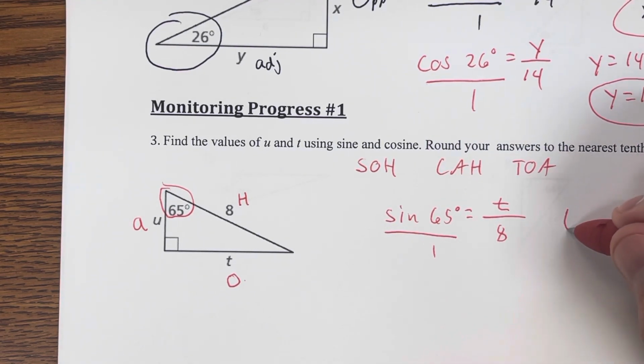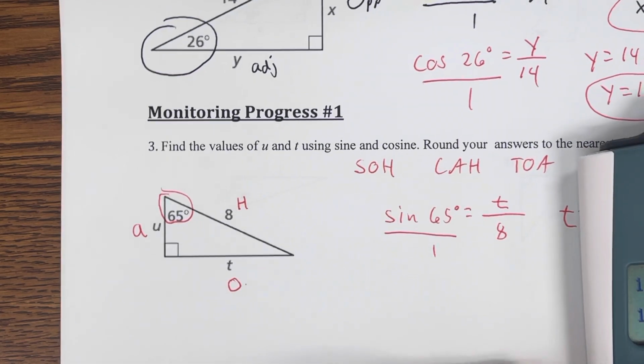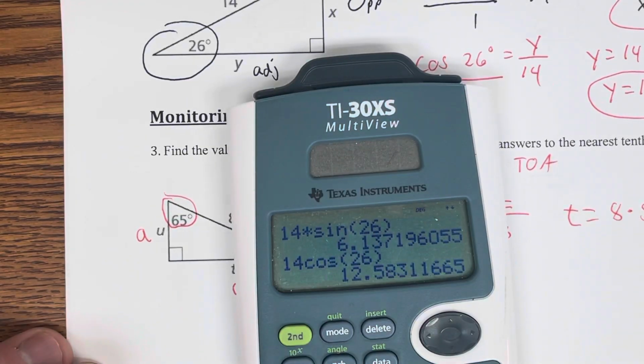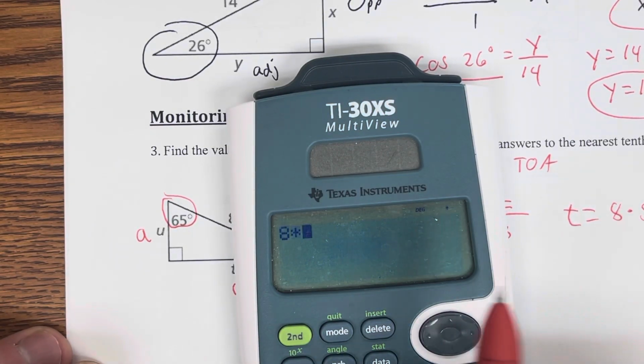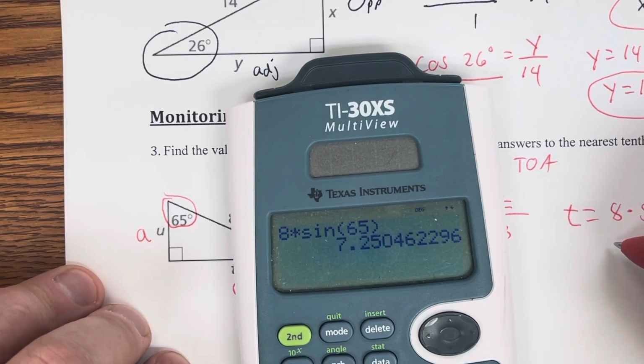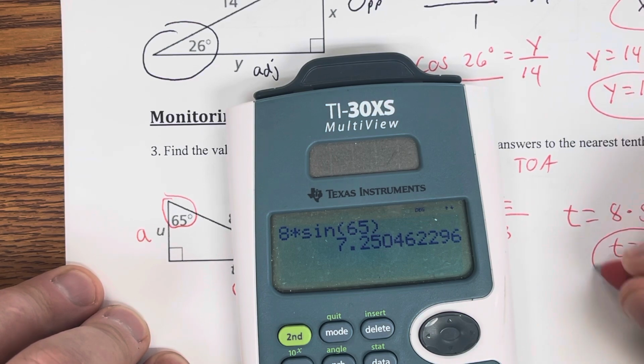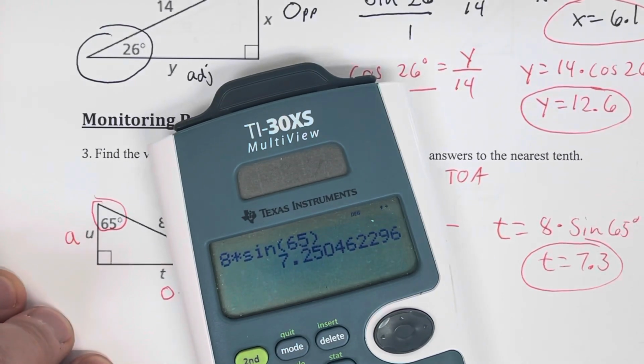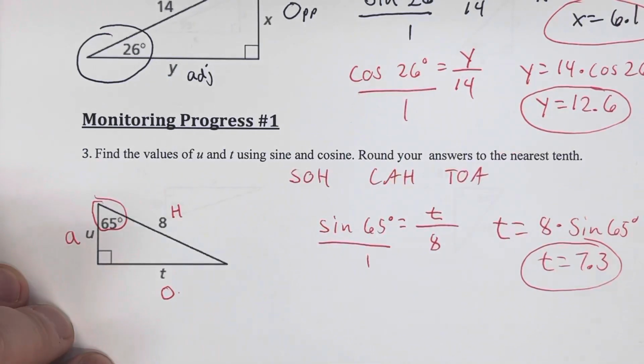So T is equal to 8 times the sine of 65 degrees. I need a calculator for that. 8 times sine 65 is 7.25. So 7.3, rounding up. 7.3.